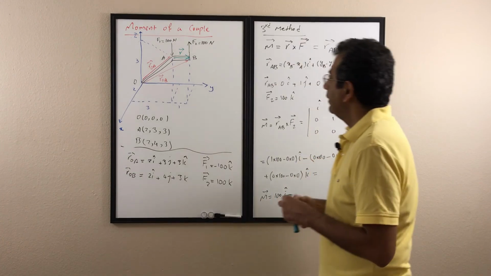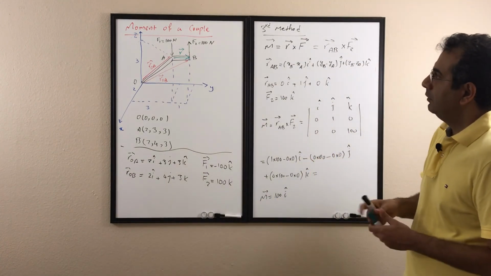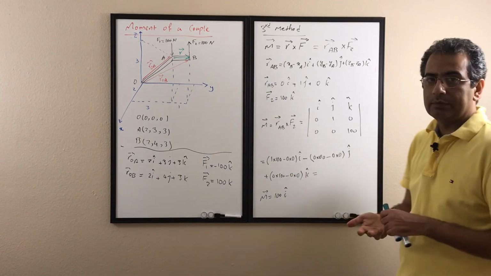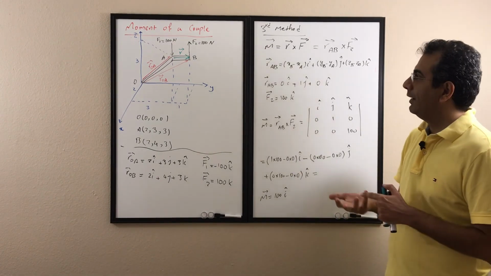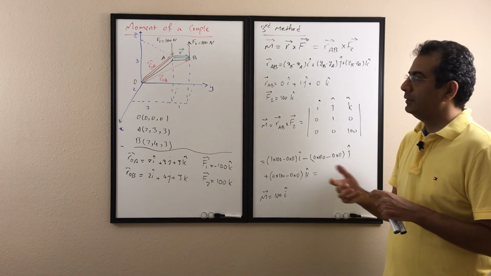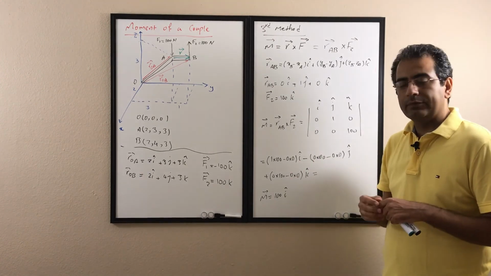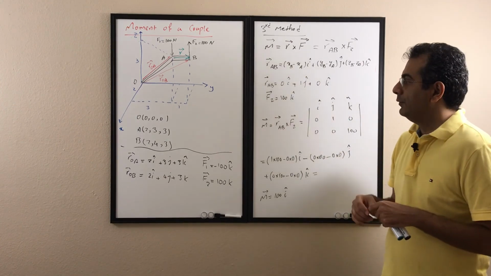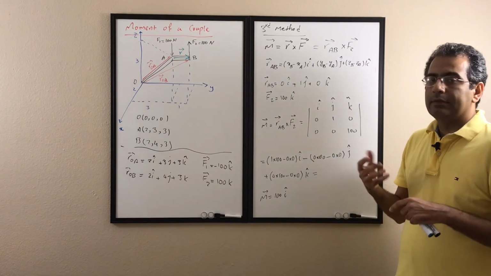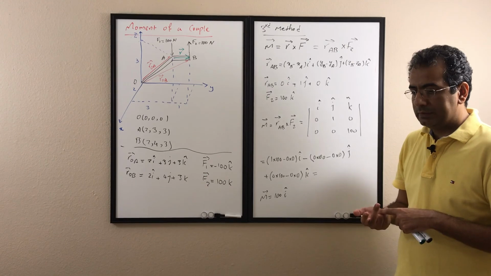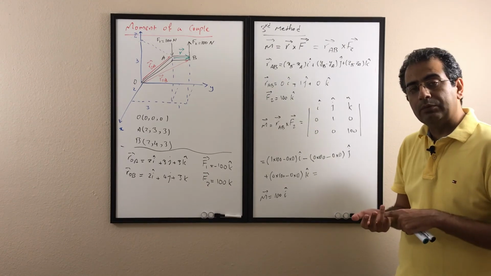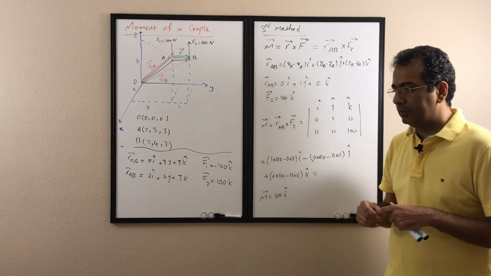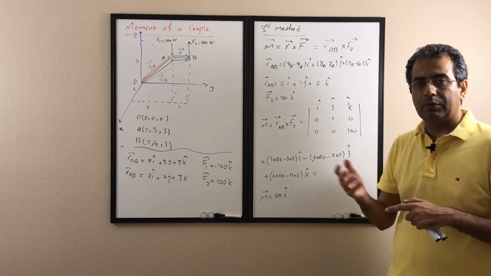So again, if you're dealing with 3D and want to calculate the moment, the very first method is probably the easiest: if you have the normal distance between the two forces, just calculate FD, where D is the normal distance between the two forces, to get the moment. If you don't have the normal distance, the second method is to calculate the moment of each of the given forces with respect to a given point, and then add them all together.